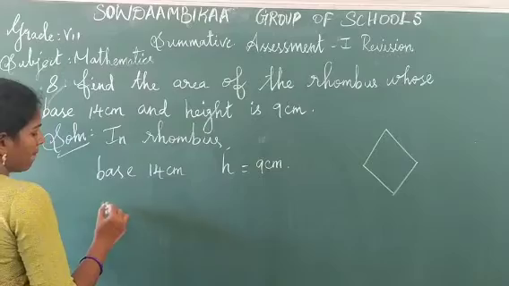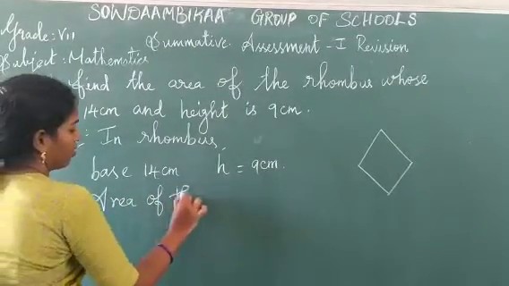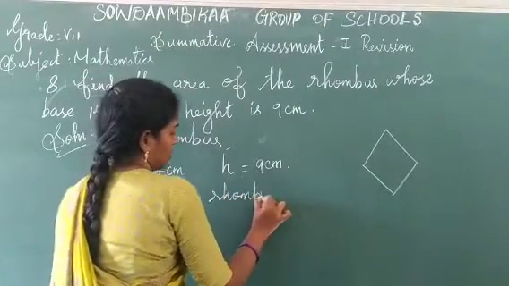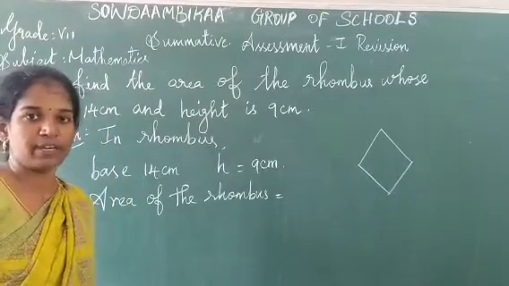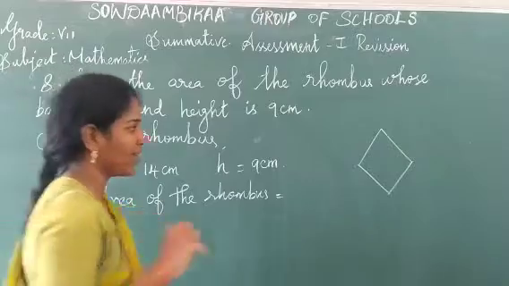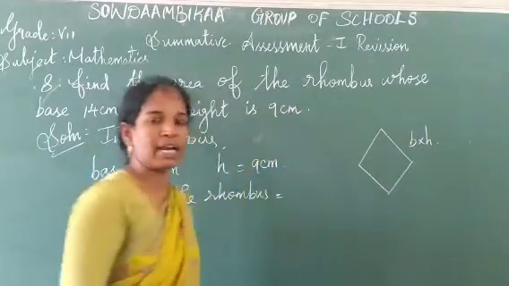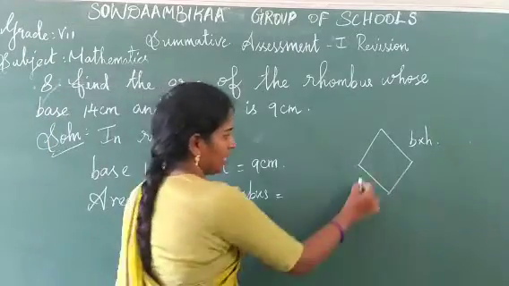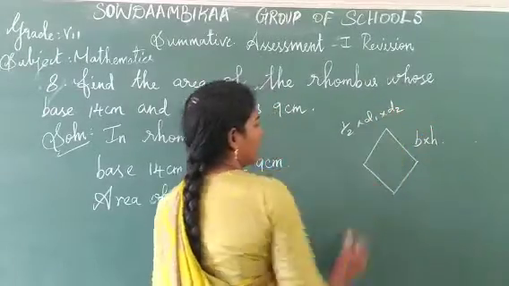Okay, dear. Area of the rhombus is equal to, here, base value and height value are given. Area of rhombus has two formulas. One is, if base and height value are given, B into height square units. Another one, if diagonals are given, half into d1 into d2 square units.